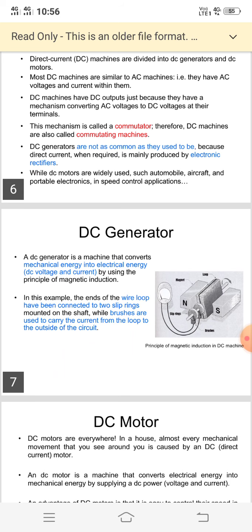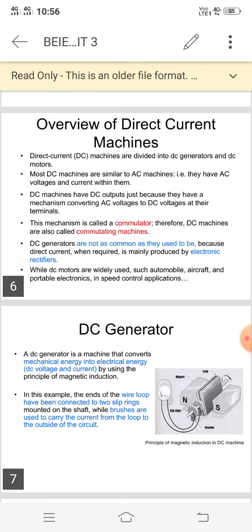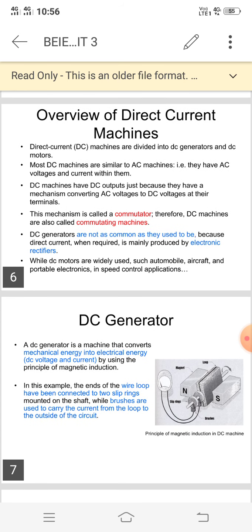Both conditions come from these DC machines. So these DC machines are similar to AC machine operation; they have voltage and current with them.